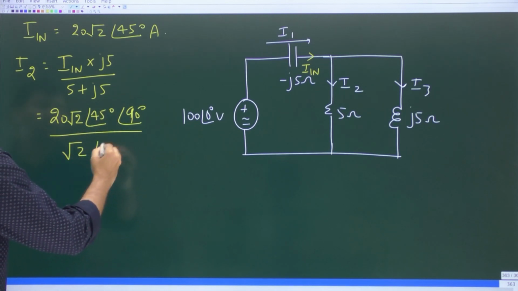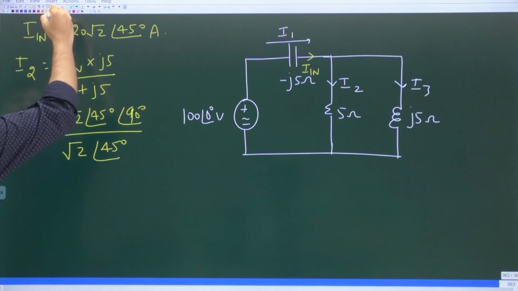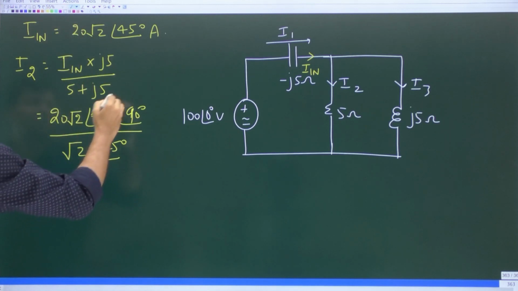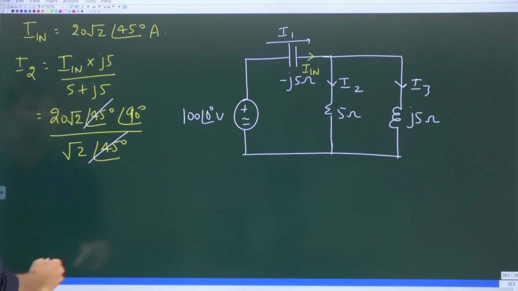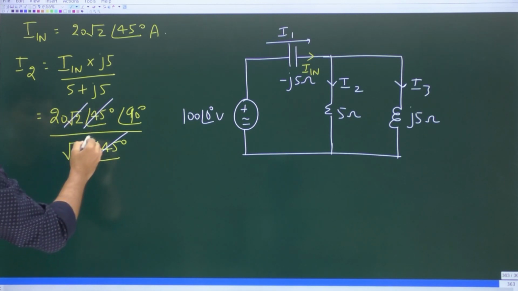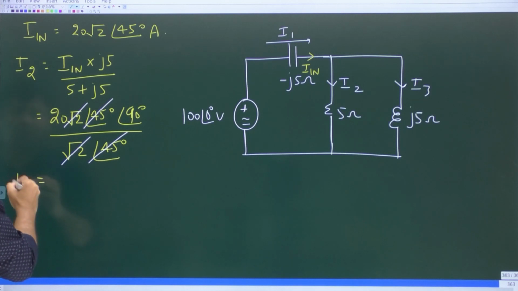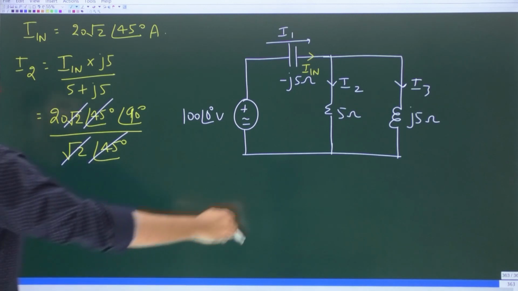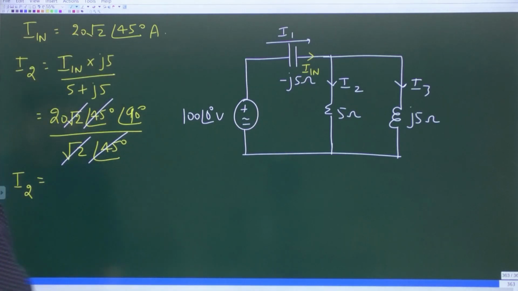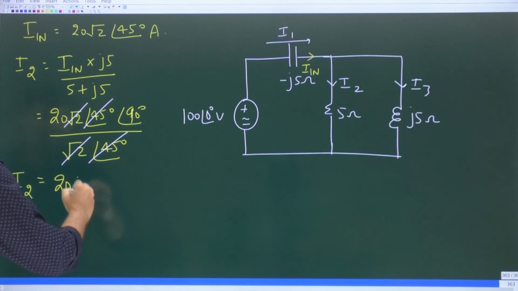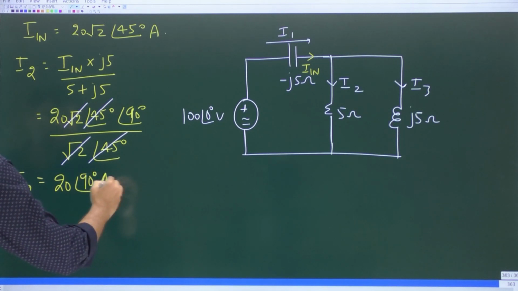Is it not root 2 at an angle 45 degrees? And now, this 45 degrees and this 45 degrees both will get cancelled. Root 2 and root 2 also will get cancelled. So what is our expression for I2? I2 is the phasor current through the 5 ohm resistor, or the 5 ohm impedance. I2 is 20 at an angle 90 degrees amperes.